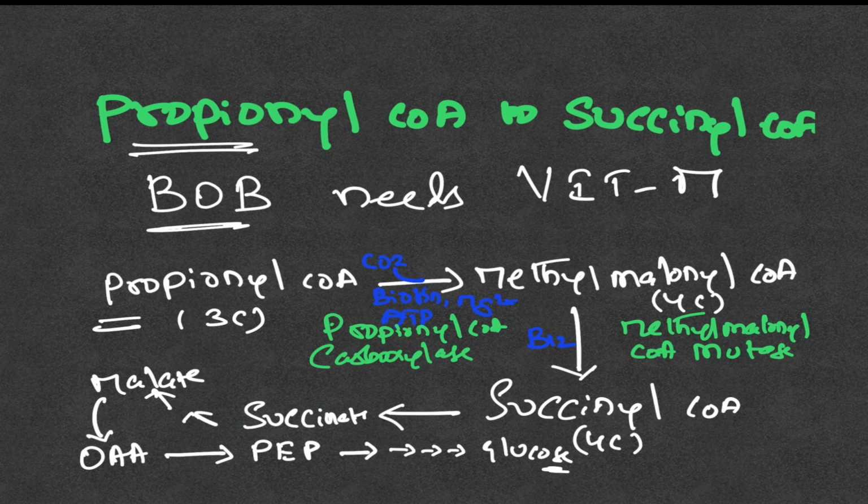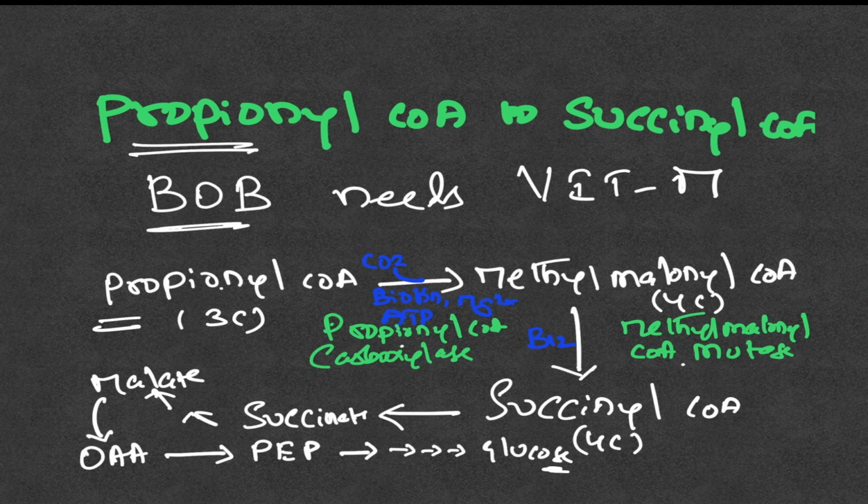So, the important reactions in the conversion of propionyl CoA to glucose: of course, we need propionyl CoA carboxylase, methyl malonyl CoA mutase, and then the conversion of oxaloacetate into phosphoenol pyruvate.